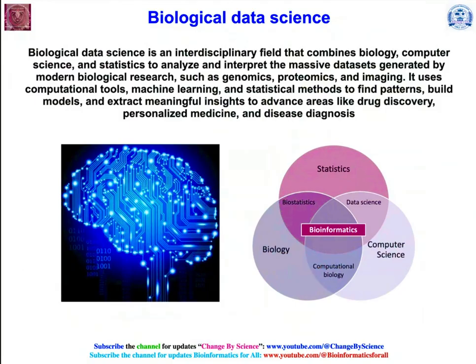But if you have good biology knowledge, even up to BSc or intermediate level, then you can easily work in the field of biological data science. And it is much higher paid than the other fields of data science.